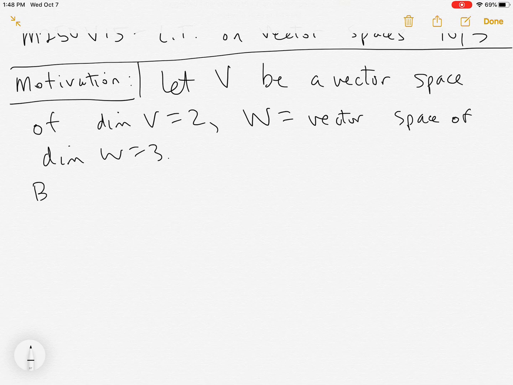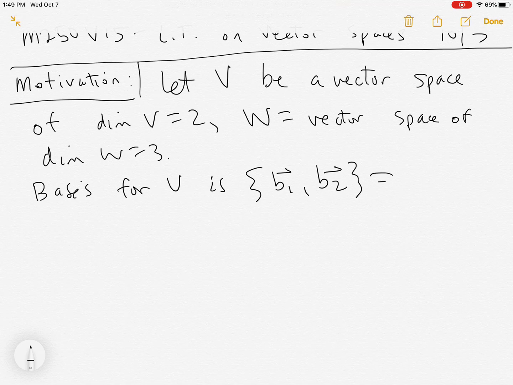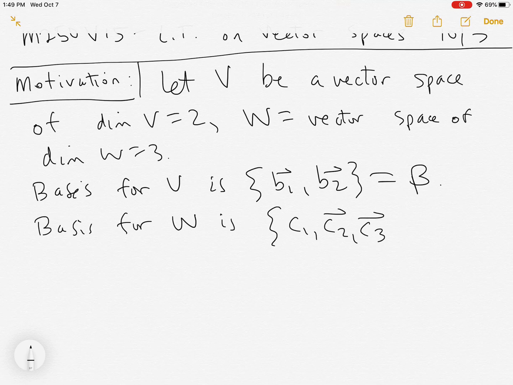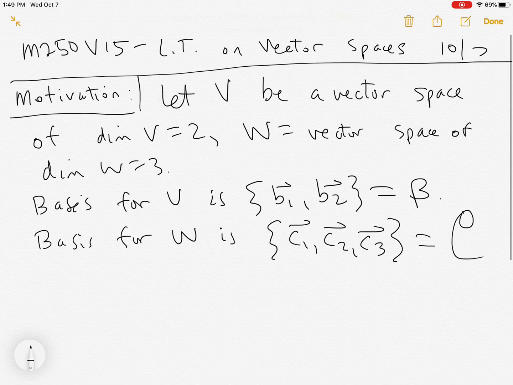So the basis for V is the set of vectors b1, b2, which we'll call B. And the basis for W is the set of vectors c1, c2, c3, which we're calling capital C. Now we're going to inject linear transformations.